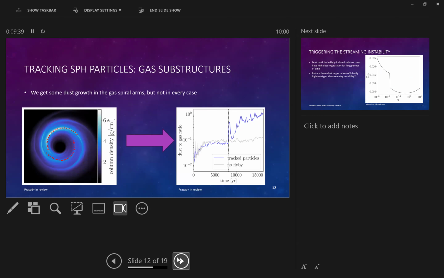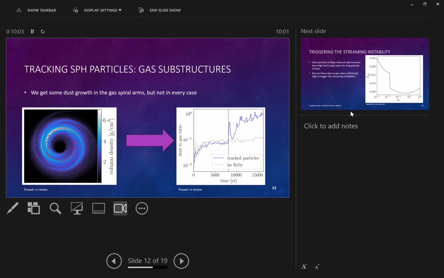You get nearly an order of magnitude increase again. Straight after periastron, there's a very sharp peak, which then falls down. That's basically a statistical fluke, so ignore that. But by the end of the simulation, we do get up to dust to gas ratios of unity compared to the no flyby, which still stays at about 0.1.